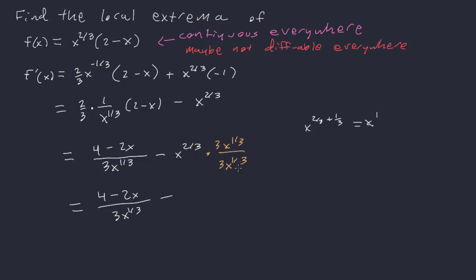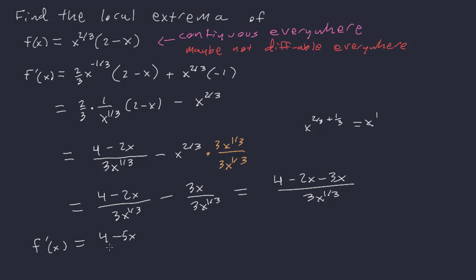So this is literally just going to be 3x over 3x to the 1/3. And now that we have a common denominator, we can just say that this is 4 minus 2x minus 3x all over 3x to the 1/3. All right, so f prime of x can be simplified all the way down to 4 minus 5x all over 3x to the 1/3.